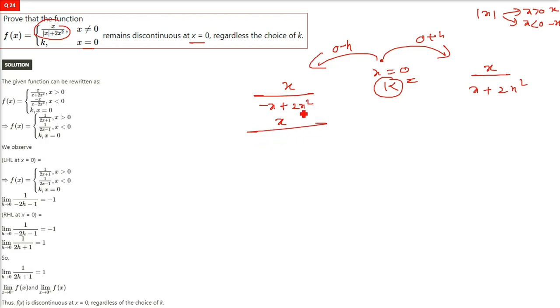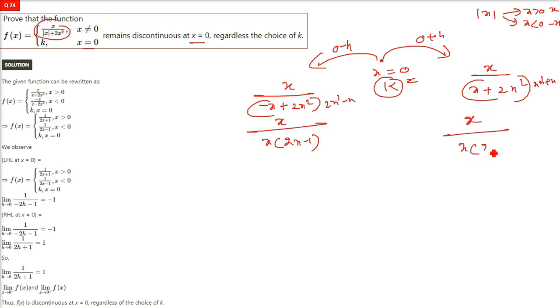So when you take x in the denominator, it will be negative 1 plus 2x. I'm just writing it as 2x square minus x for ease. Right hand side also, I'm writing it as 2x square plus x. So x, now x in the denominator. So 2x plus 1 it will be. X cancelled, x cancelled, you get 1 by 2x plus 1.